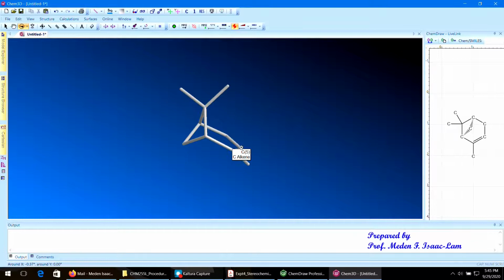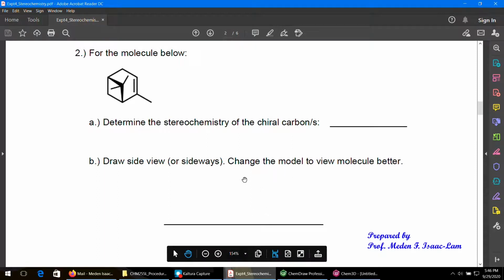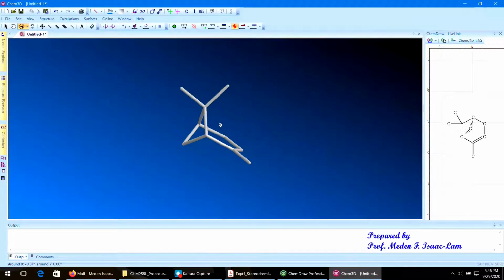This is a fused ring structure, and this is the methyl coming up. In the last question, draw the side view. So you're going to draw it in here, and draw it side view, or sideways, this way.